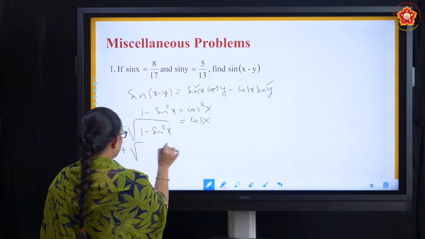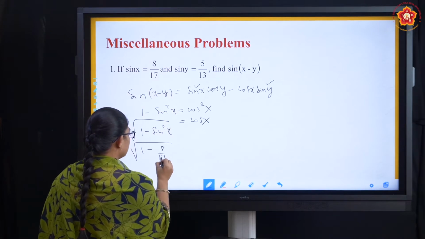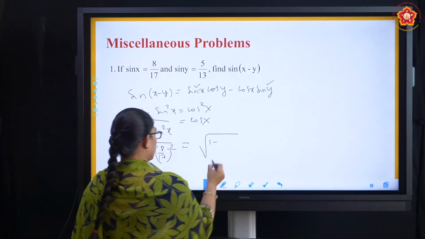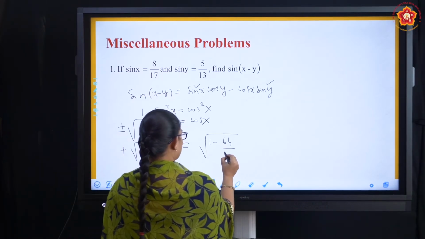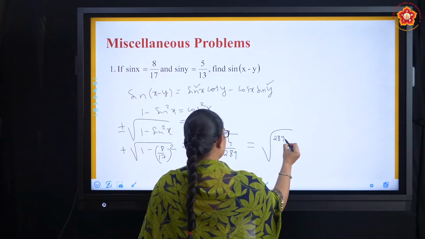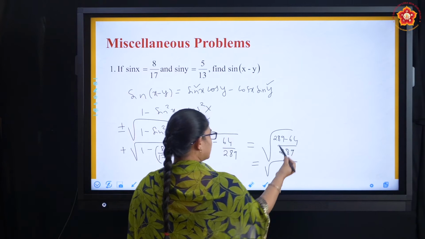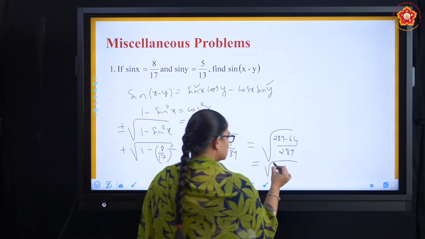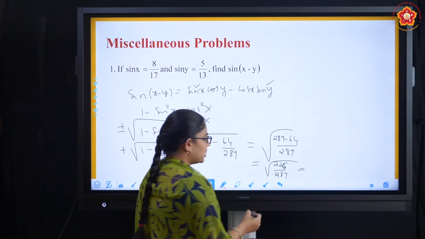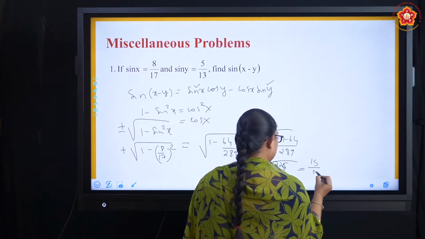So we are considering a positive value of square root of 1 minus sin square x, that is square root of 1 minus (8 by 17) square, which simplifies to 1 minus 64 by 289, that is square root of (289 minus 64) divided by 289, which is square root of 225 divided by 289, so square root of 225 is 15, and square root of 289 is 17.